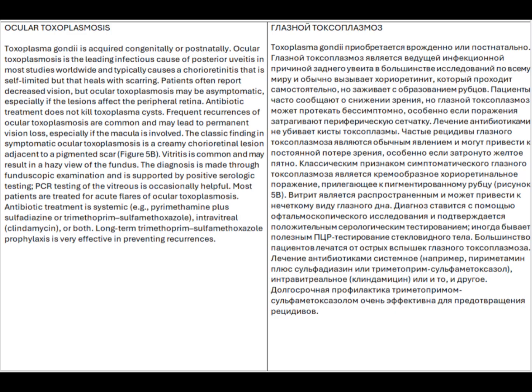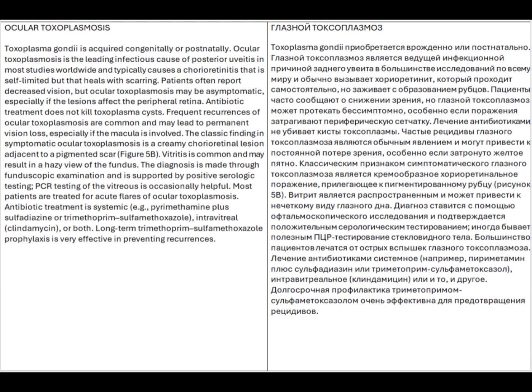The classic finding in symptomatic ocular toxoplasmosis is a creamy chorioretinal lesion adjacent to a pigmented scar, Figure 5b. Vitritis is common and may result in a hazy view of the fundus. The diagnosis is made through fundoscopic examination and is supported by positive serologic testing. PCR testing of the vitreous is occasionally helpful.